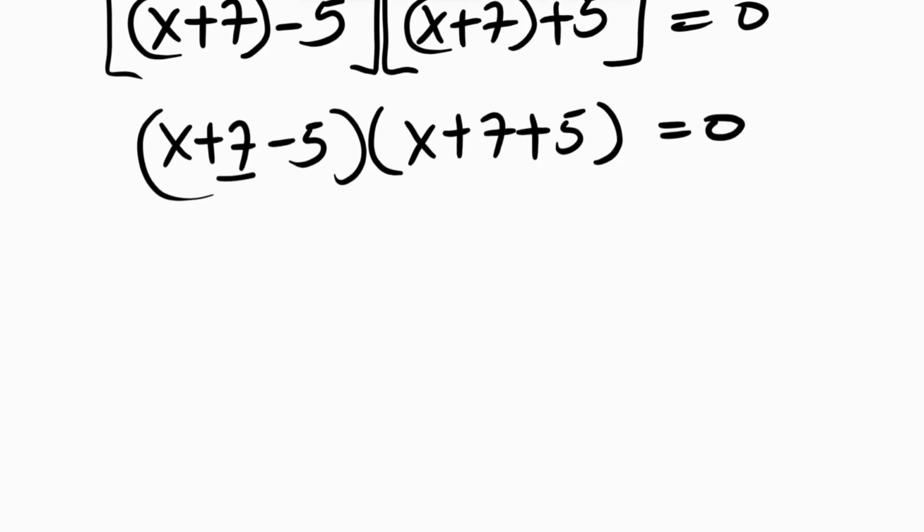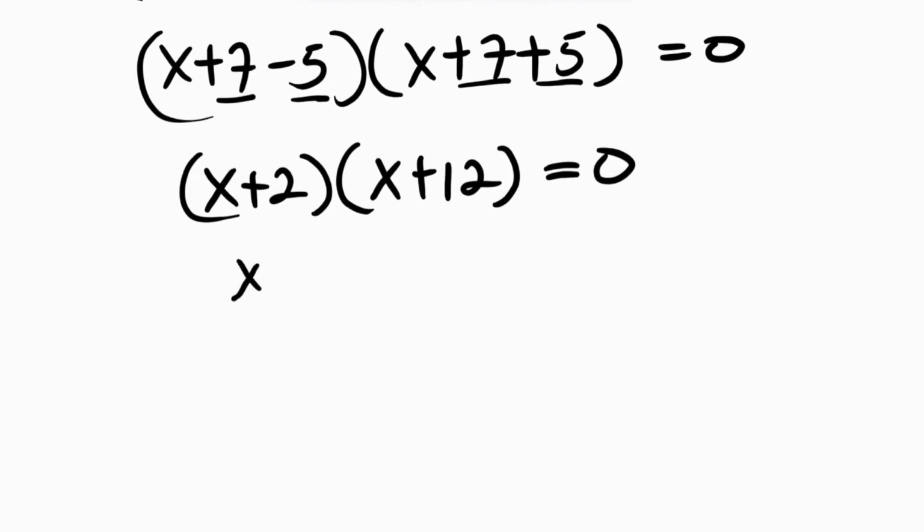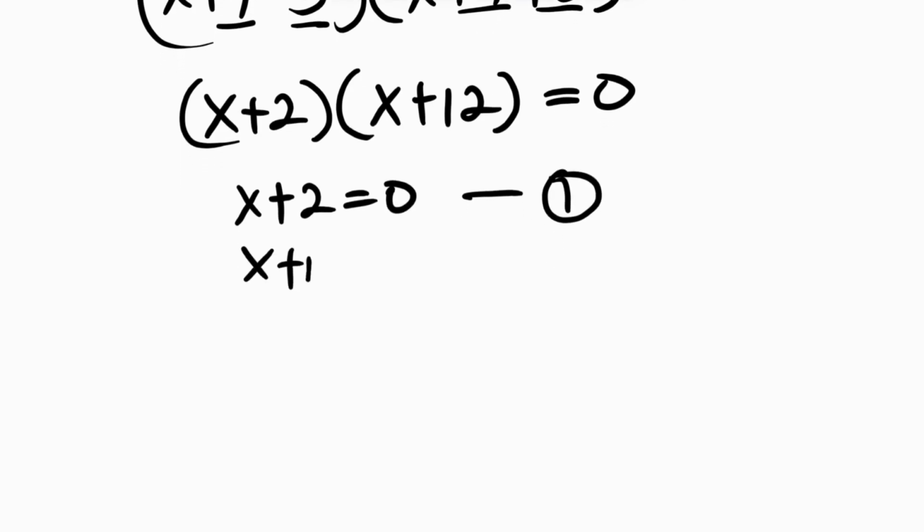So plus 7 minus 5 will give us x + 2, and plus 7 plus 5 will give us x + 12, equals 0. So x + 2 is equal to 0, equation 1. x + 12 is equal to 0, equation 2.